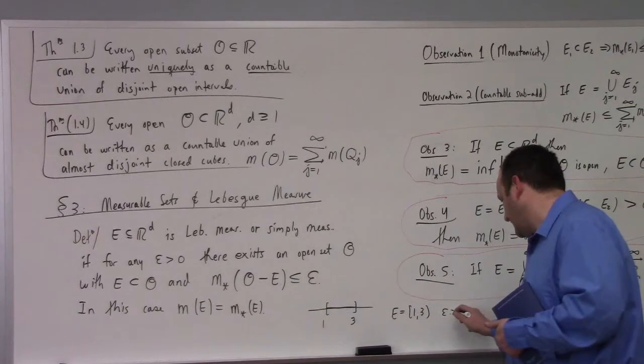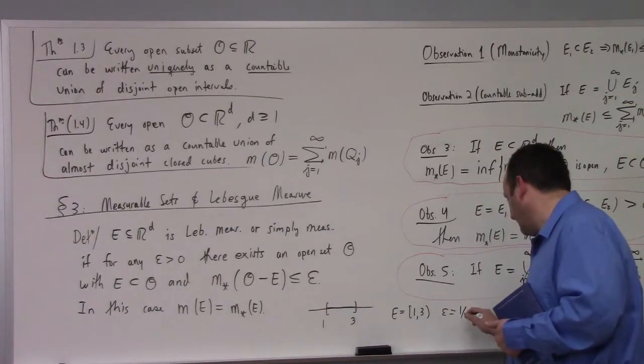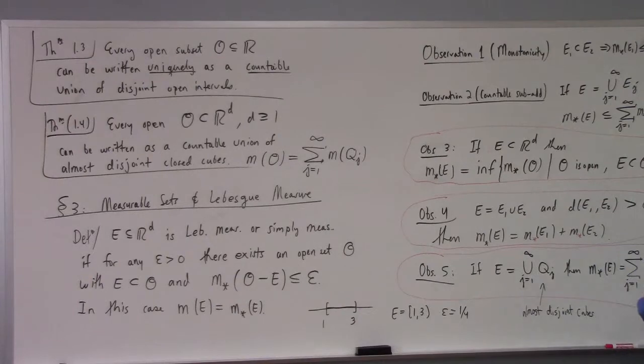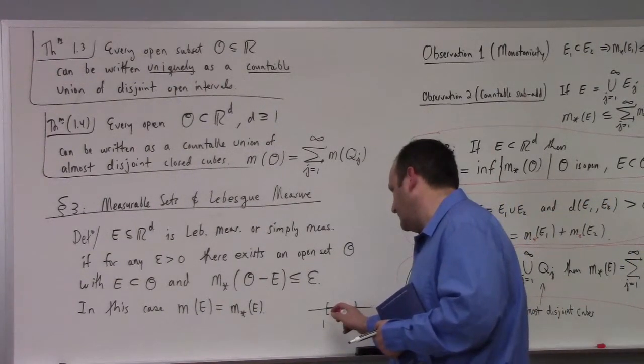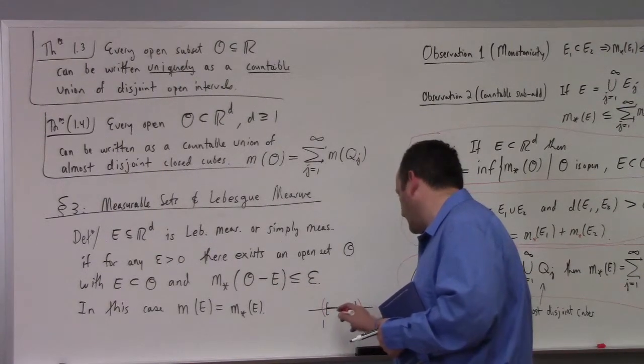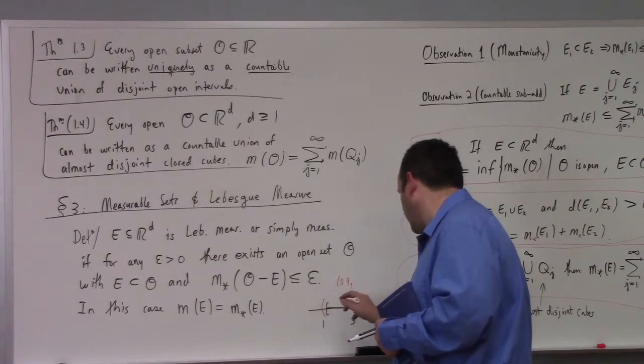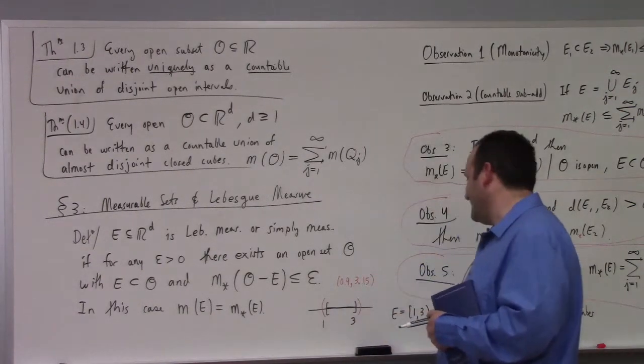Then what open set could I find which would surround E? Say 0.9 to 3.15.